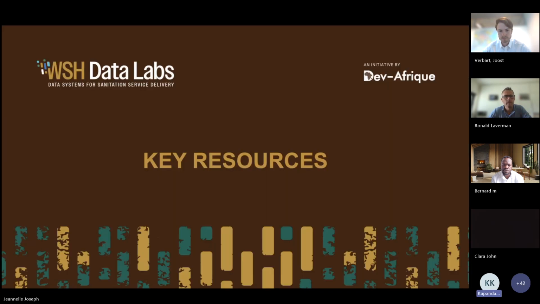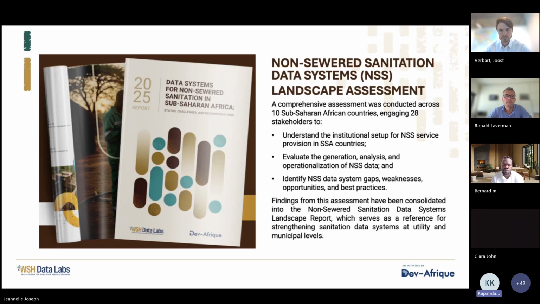From all these different pieces of work that we've implemented, we've generated a number of key resources and outputs that we would want you to have a look at for detailed information on the outputs of the work. The first one, like I mentioned, is the detailed non-sewered sanitation data systems landscape assessment we conducted in 10 countries in Sub-Saharan Africa.